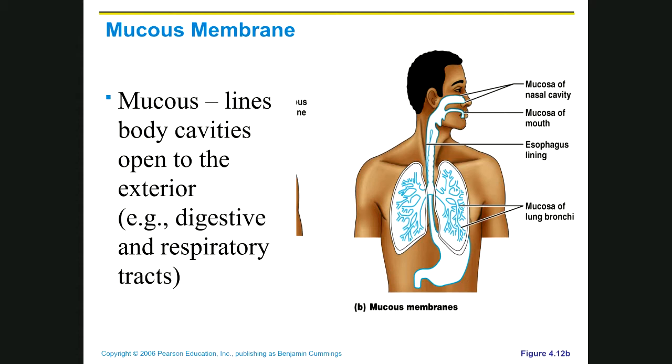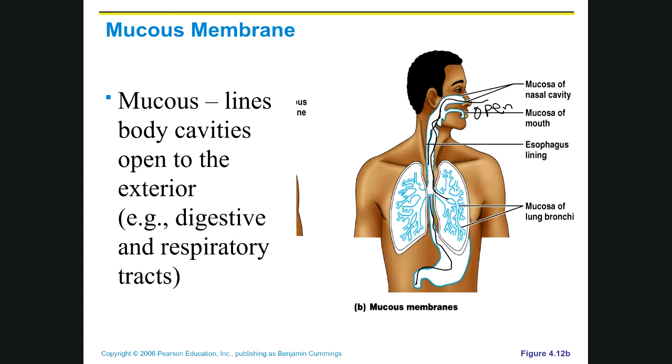So here is the nasal cavity. And then you go into the oral cavity, and there's the tracheal cavity and bronchi. Or you could go this way and go into the esophagus and go down into the stomach and on all the way through. So they're open. They're exposed.